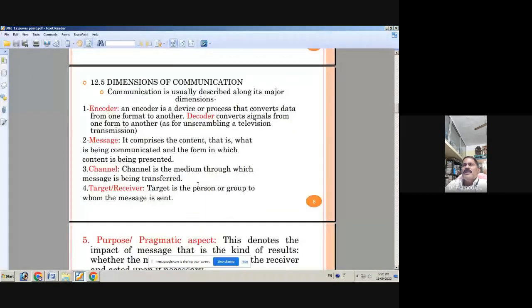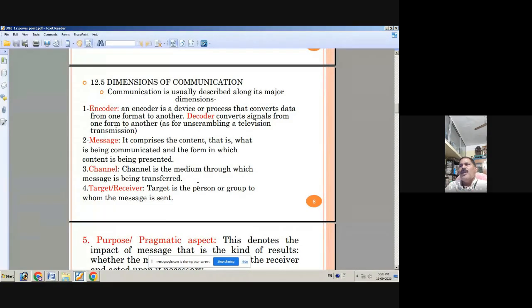Let us discuss the different dimensions of communication. Communication is an ongoing process, and we will discuss the details later in another unit. There should be an encoder. Encoder means we convert the data, the information we have, for the decoder.